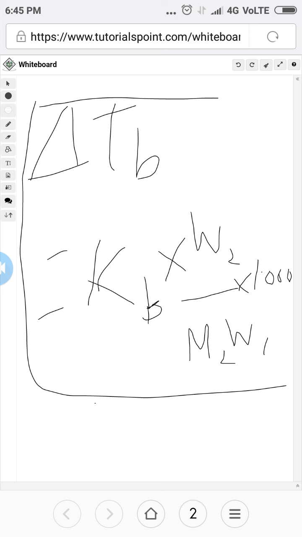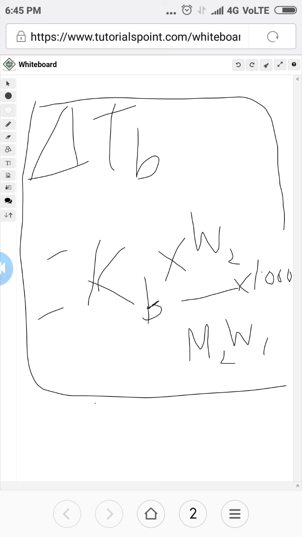The final formula of elevation in boiling point is delta Tb is equal to Kb into W2 by M2 into W1 into 1000, where delta Tb is the elevation in boiling point and Kb is the molar elevation constant, also known as the ebullioscopic constant.